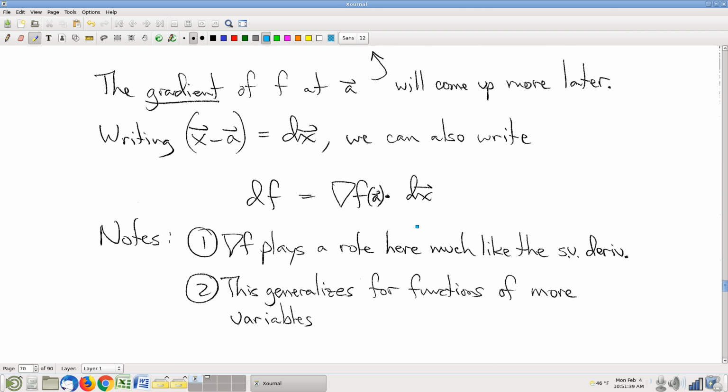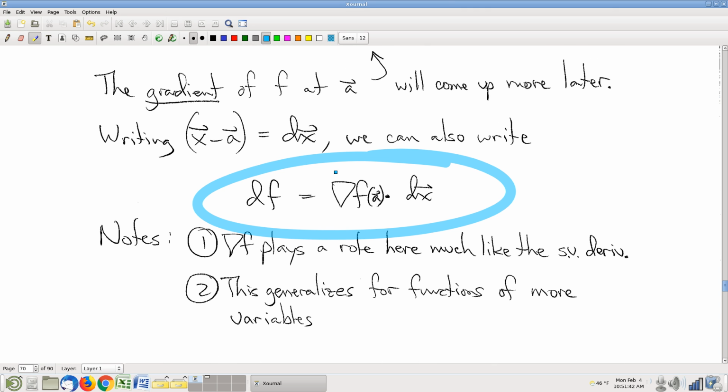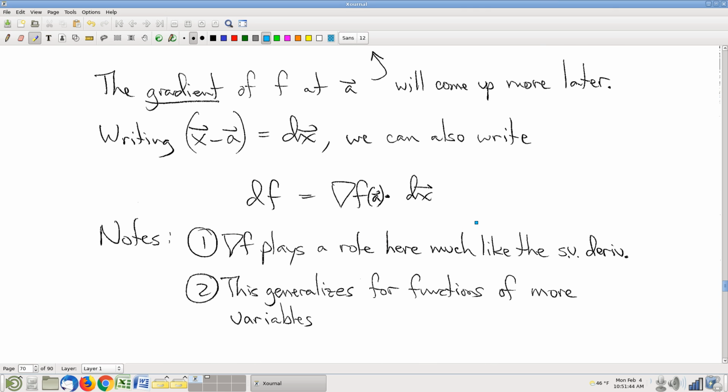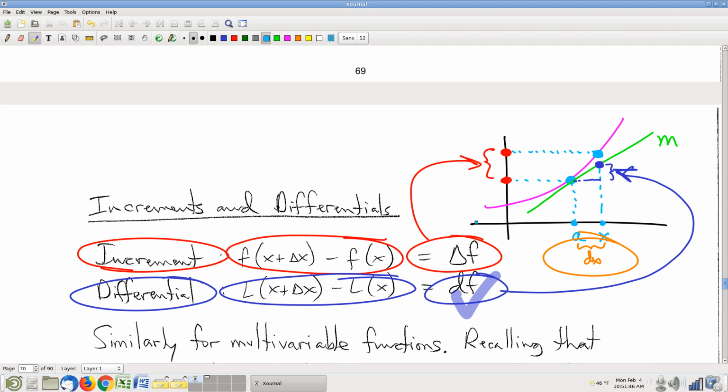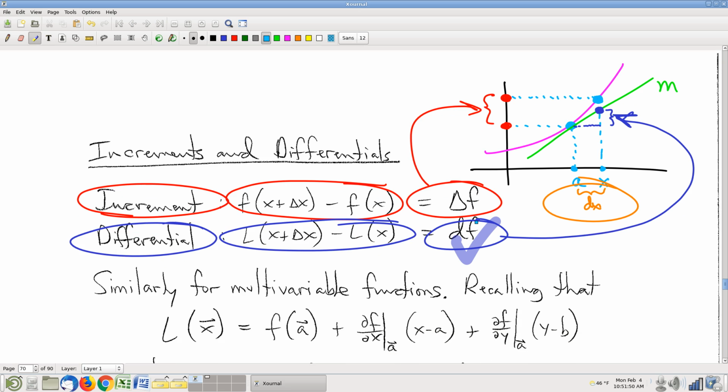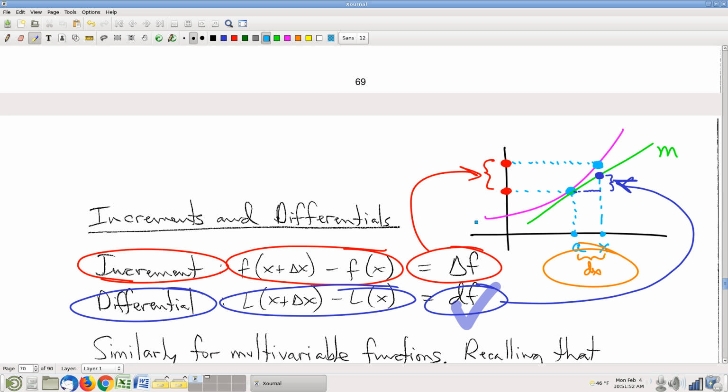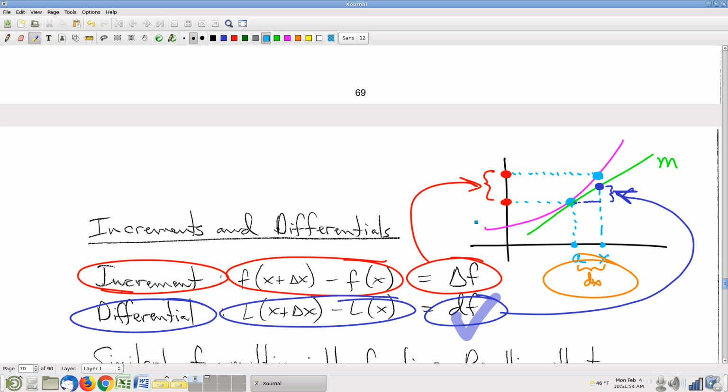So let's take advantage of this formula. Let's get our hands dirty and make a quick use of it. By the way, y'all remember back to Calc 1, we used the formula for the linear approximation. Given some algebraic expression that you can view as being the value of some function, let's try to estimate the value of that expression.